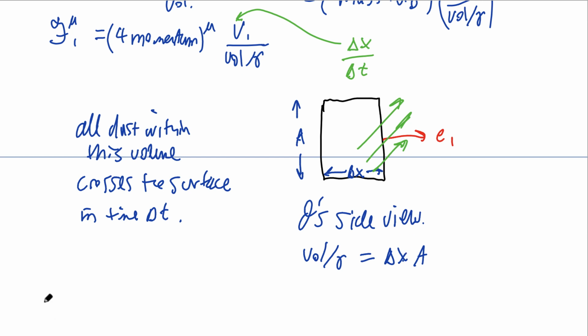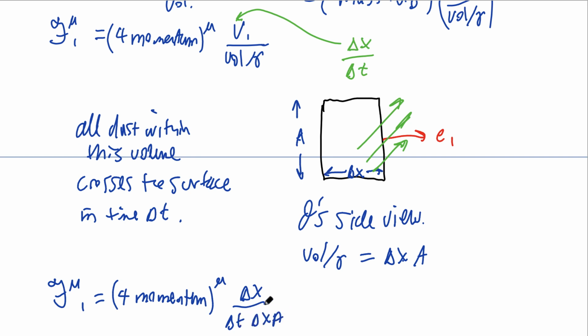So inserting that in here, we find F^μ1 is equal to the four momentum muth component times delta x over delta t times O's volume, which is delta x times A. So that's equal to the four momentum per unit O's time and area.